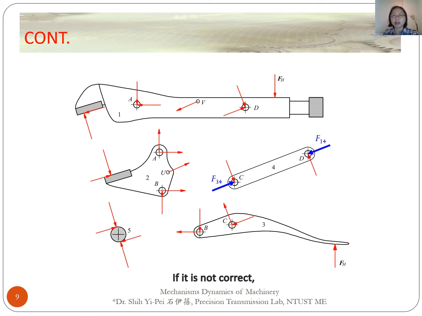If it is not correct, the force will be negative. The other force, F14, acts on member 4 from member 1. It is equal and opposite to F34. Here, if the forces have the same size, their arrows will be the same color.